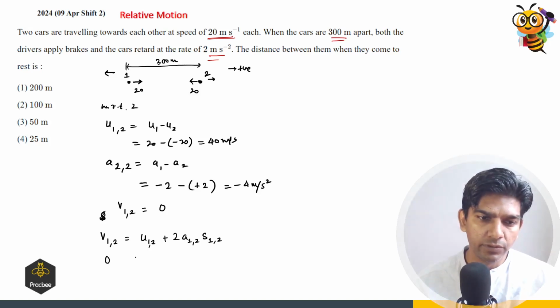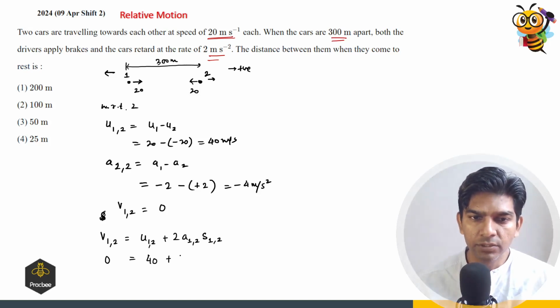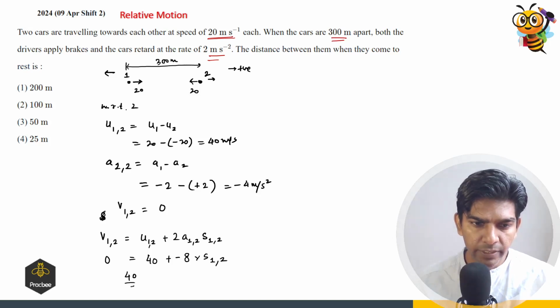So this will be 0, and it comes out to be 40 and acceleration is minus 4, so that will be minus 8 times s of 1 with respect to 2. So it will be 40 by 8, which is 5 meters.